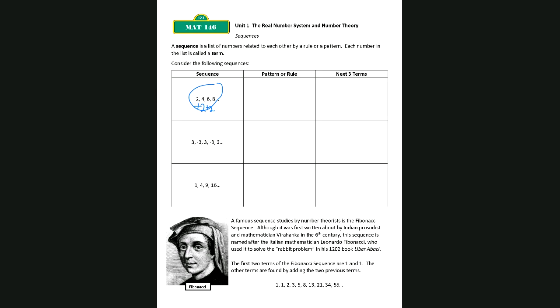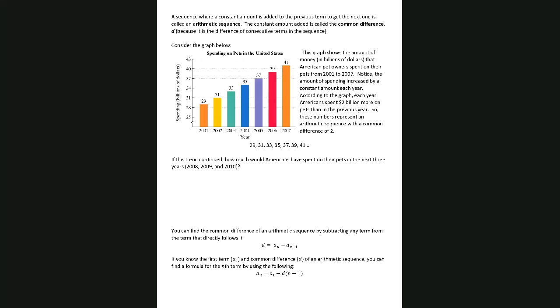And that constant amount that I added was 2, so 2 is the common difference. This other one, even though I add something, is not an arithmetic sequence because the amount that I'm adding increases every time. It's the next odd number. So it's not constant. So that's not arithmetic, but the top one is.